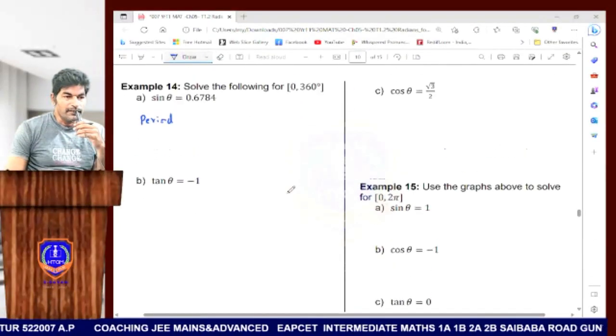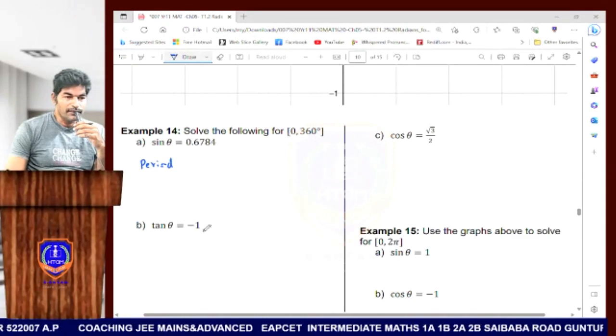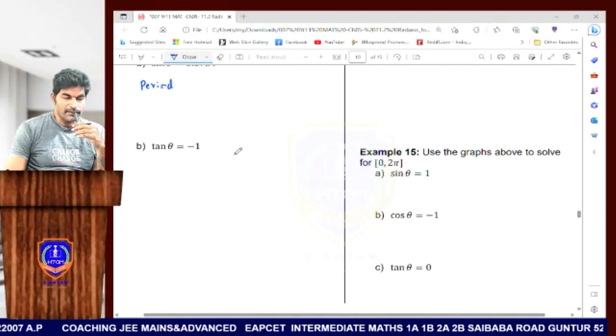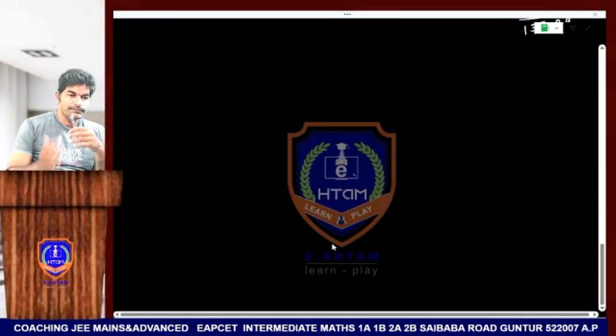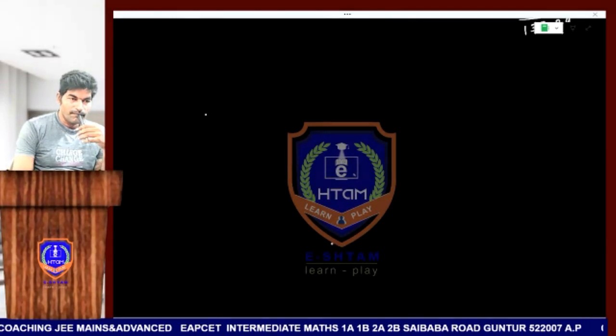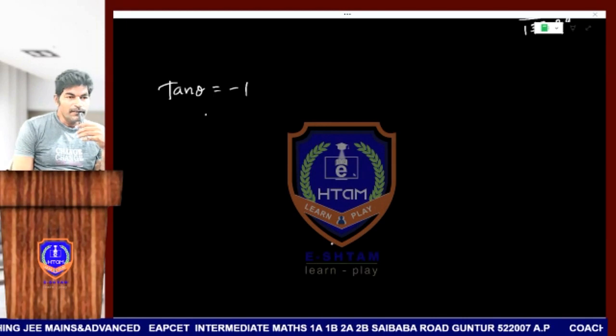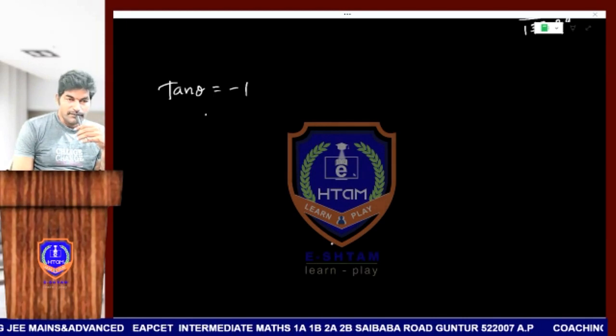Okay. Similarly, solve for the same pattern: tan theta equal to -1. If tan theta equal to -1, we know the graph also.